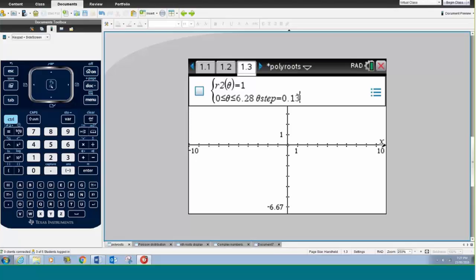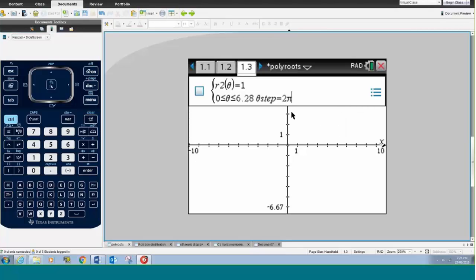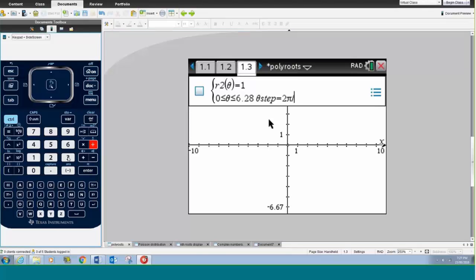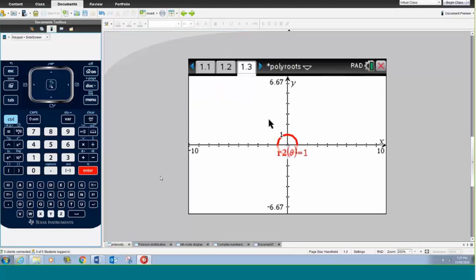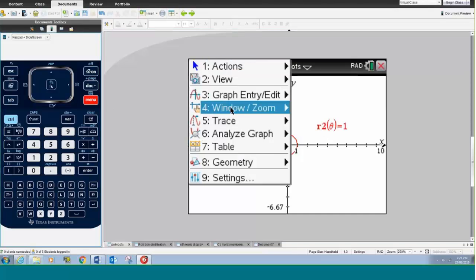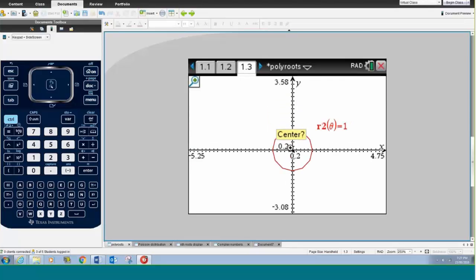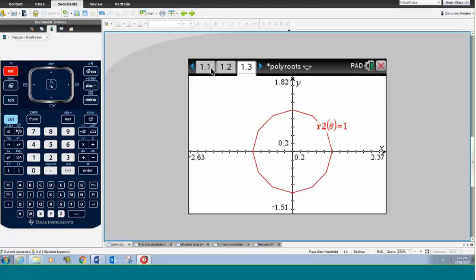What we are changing here is the step, which is 2 pi, and we divide the step by 3. Of course, if I draw it this way, I just get a circle. So I will zoom in a bit. It doesn't matter that the shape is a bit dodgy, not quite a circle.